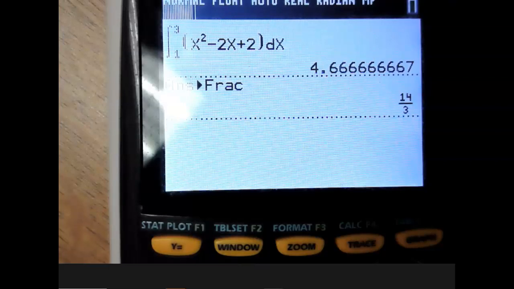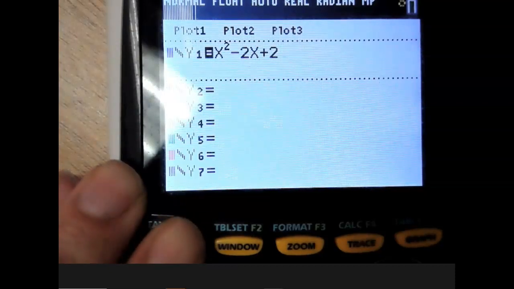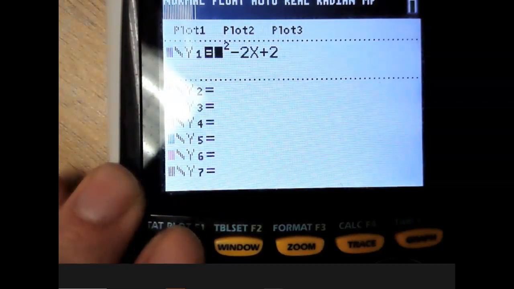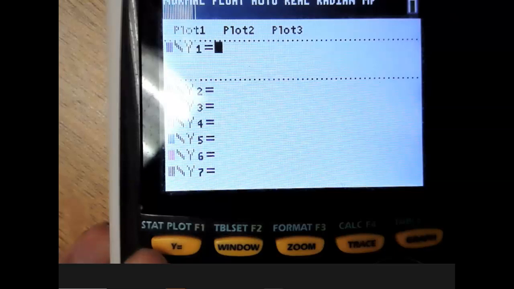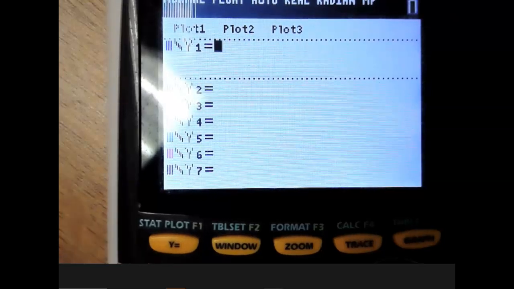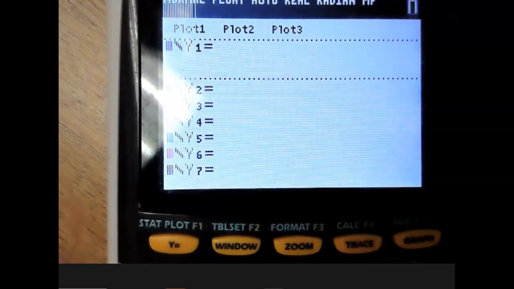Let's say this was a problem on the AP exam, and I had to do something in the graph and something on the home screen. You can go to y equals. So let's look at example 6 now.